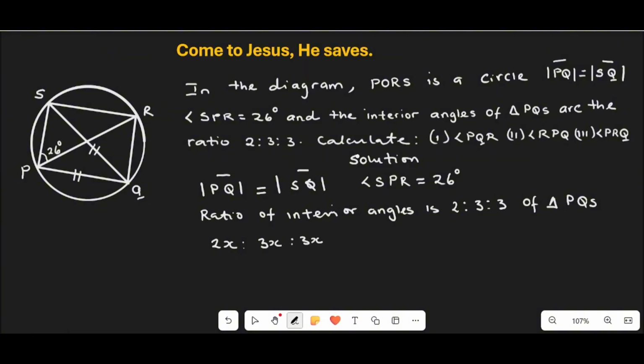And the sum of interior angles in a triangle is equal to 180 degrees. So 2x plus 3x plus 3x equals 180 degrees, which gives us 8x equal to 180 degrees.